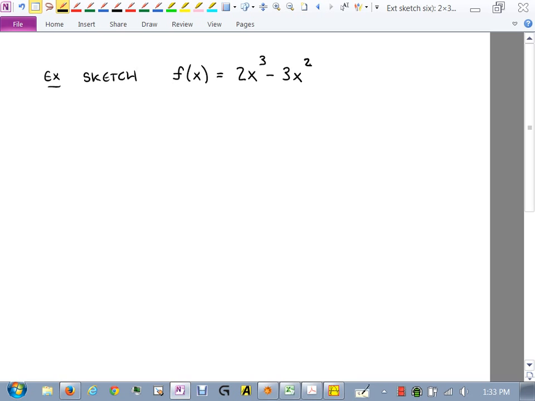Now, from college algebra, this is what type of function? Polynomial function. So it goes up, down, right? At the most it has 3 x-intercepts. So let's go through this process and see if we can get this thing sketched out.